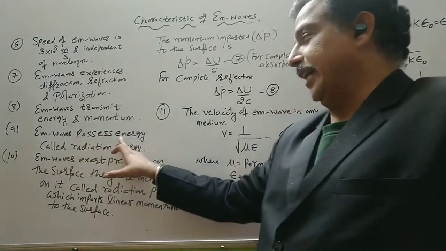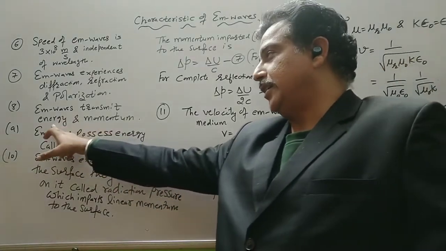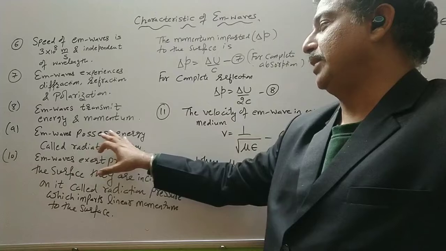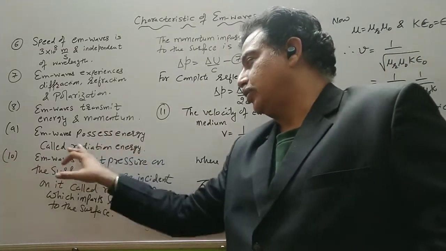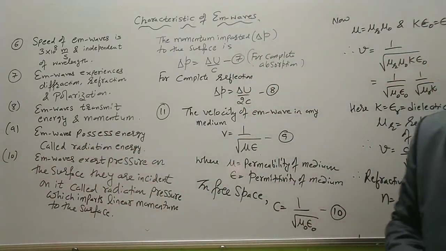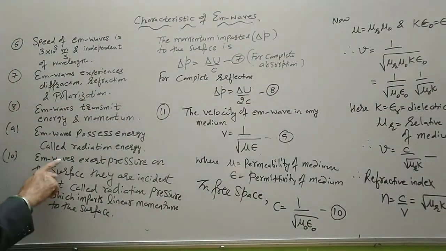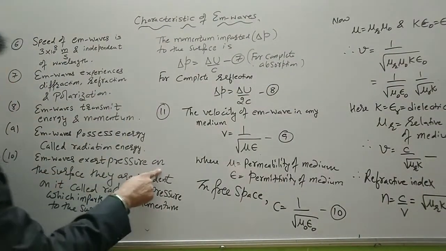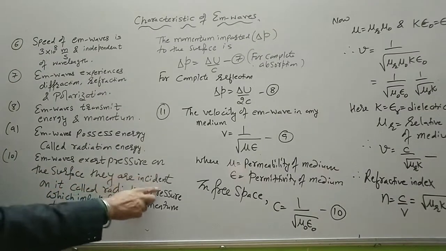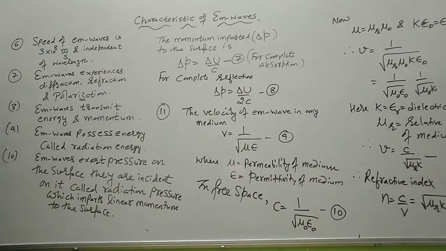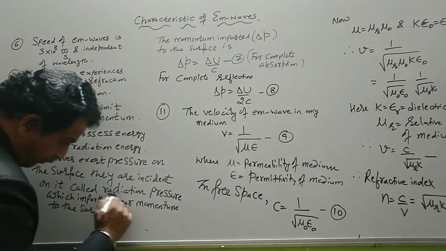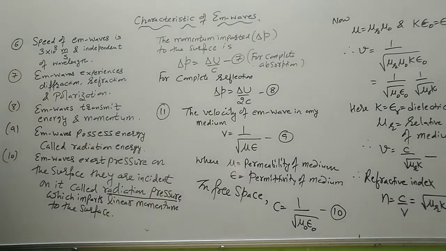Electromagnetic waves possess energy. They transmit energy means they possess energy. This energy is called radiation energy. Then the important characteristic is that electromagnetic waves exert pressure on the surface they are incident on. So they will exert a pressure when incident on any surface, and that pressure is called the radiation pressure.